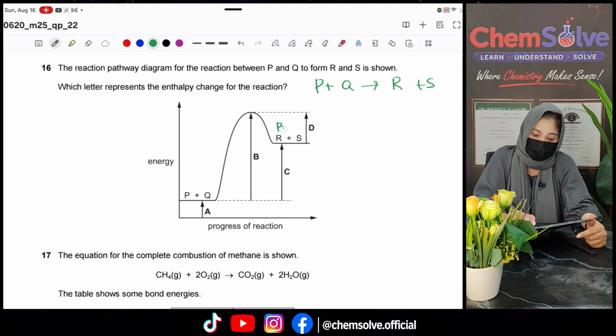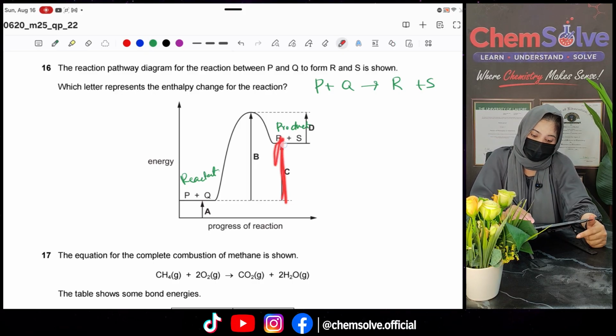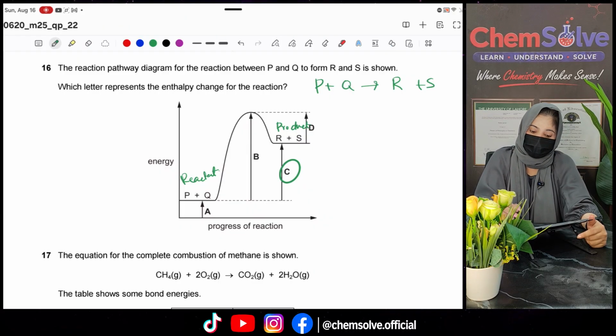So these are the products and these are the reactants. Enthalpy change is always between the reactant and the product. So this would be the enthalpy change. This is the reactant and these are the products. So this would be the enthalpy change, right? So the correct option is option C.